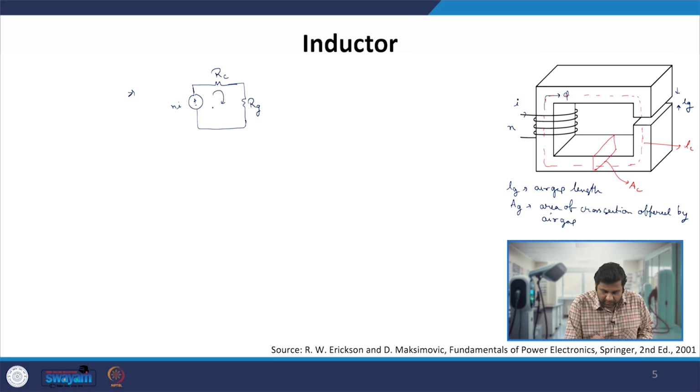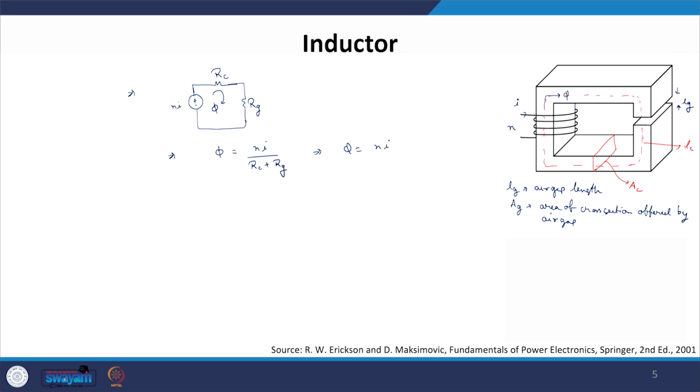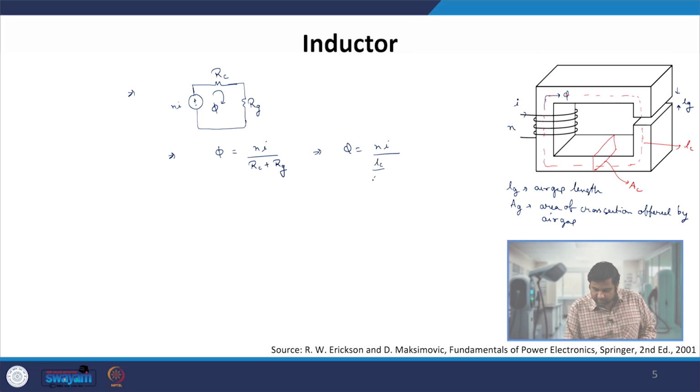That is when we can write my flux to be equal to Ni by reluctance Rc plus Rg, which is Ni by Lc by mu c Ac plus Lg by mu naught Ag.